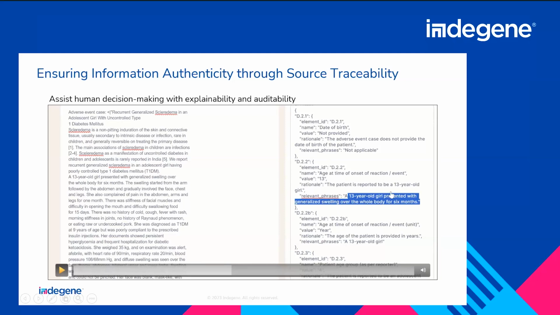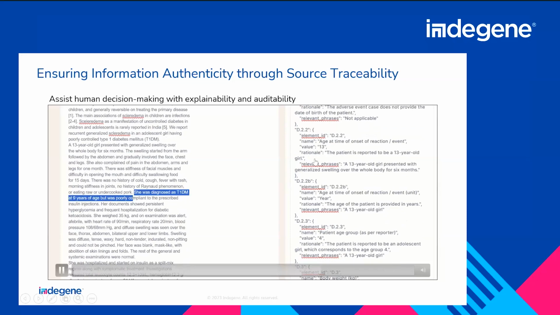If you notice closely, for this particular field, D.2.2, which is the age of the patient, the model is able to throw out a relevant phrase for the value it has captured, which is 13-year-old patient. On the left-hand side, you can also see in the article that the same has been identified by the model, and the value has been shown on the right-hand side in the output itself.